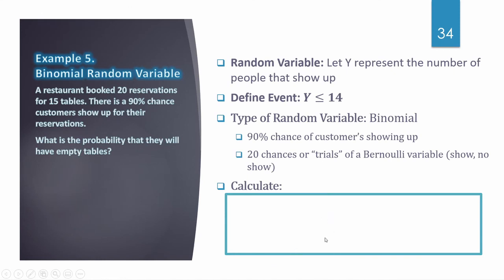We can just remember that since this is a cumulative statement, we are now just going to ask the probability that y is less than or equal to 14, which is binom.dist of 14 successes out of 20 attempts with a 90% chance of success. And we want the cumulative probability so that we get less than or equal to. And that turns out to be 1.13%. There's a 1.13% chance that I'll have an empty table at my restaurant.